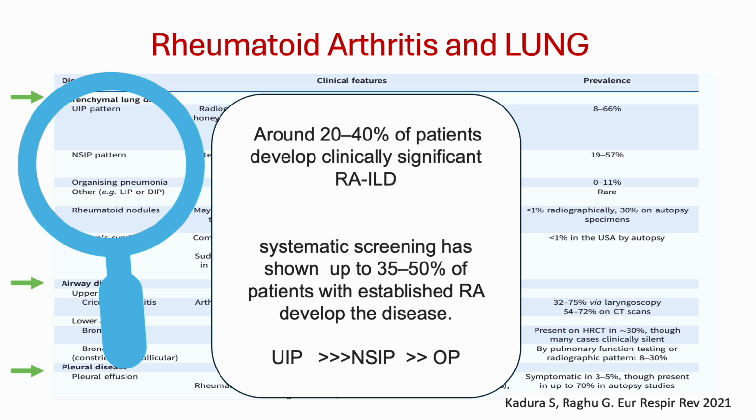So almost 66% patients of ILD in RA will have UIP, and that is, we know, a very poorer performance and prognosis as compared to other ILDs. So here the relevance or the prevalence of RA-related ILD is that up to 60% patients can develop ILD in the lungs if they have rheumatoid arthritis.